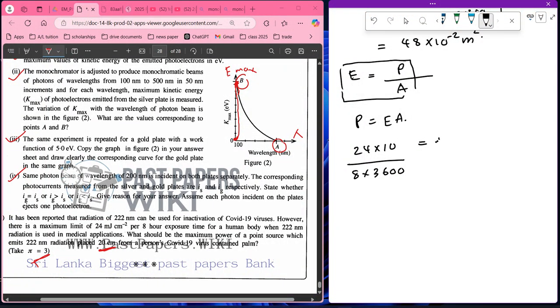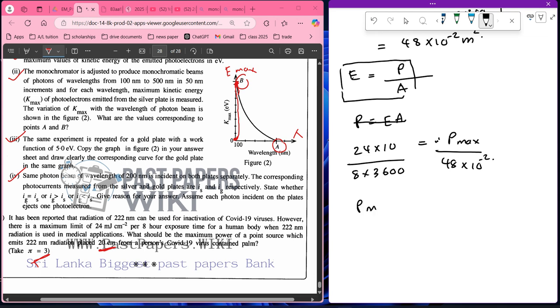So the maximum power, which is what we were asked, is this energy per second multiplied by that area, 48 into 10 to the power minus 2.